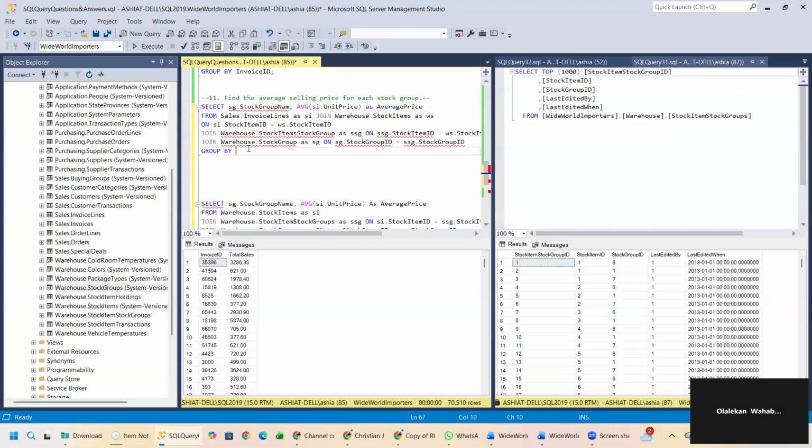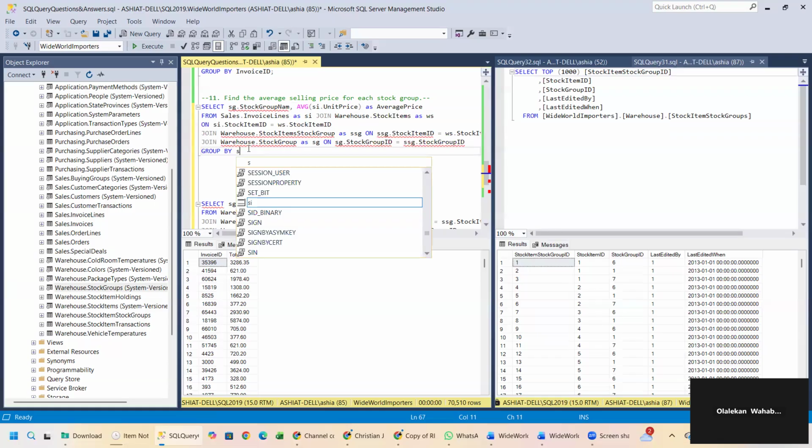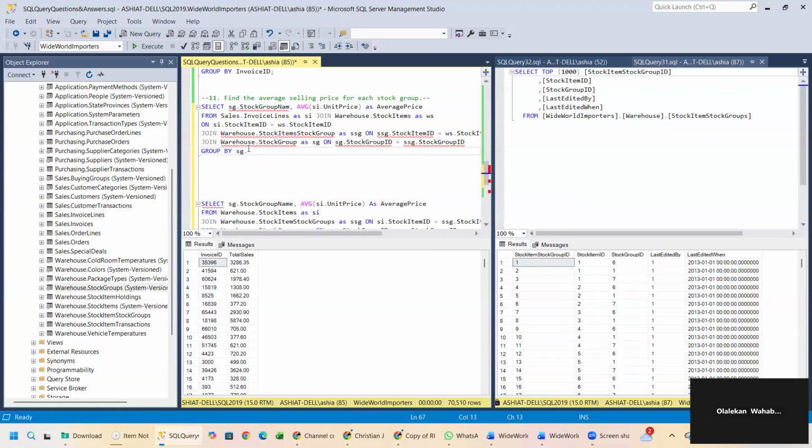Group by SG.stock group name. Yeah, let's look at it.